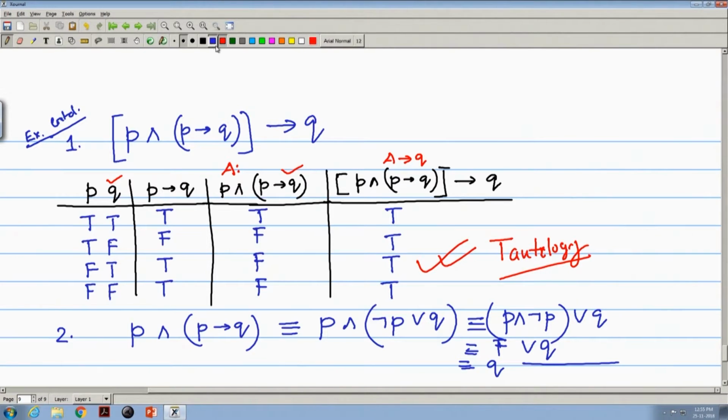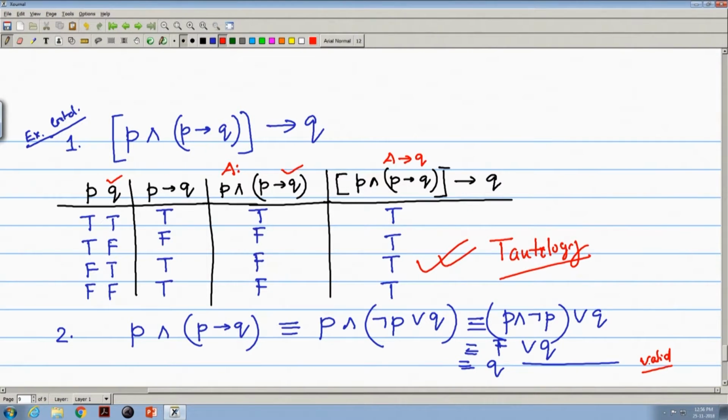So, here also we see that the compound proposition on the left hand side is simplified to q. So, it is a valid argument.